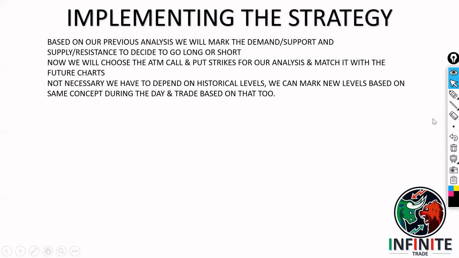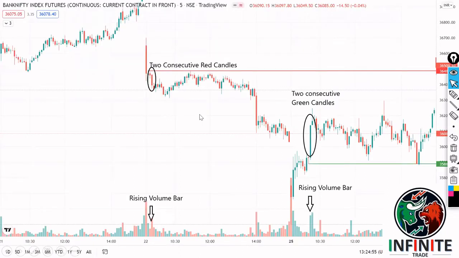Okay, so now let's see some examples here. This is the same example that the part 1 video had, and I'm just comparing it with the call and put options if we have to trade. So just imagine that we identified this level and we wanted to trade here.